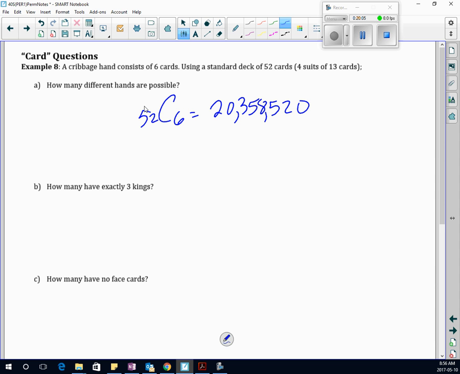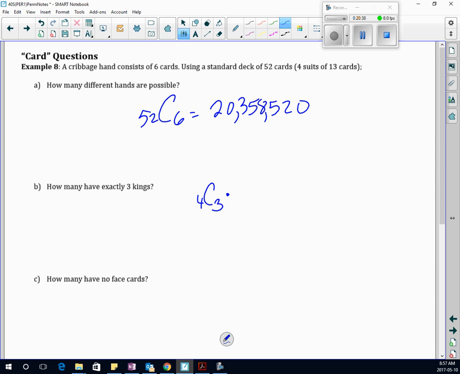Okay. How many crib hands would have exactly 3 kings? So how do you guarantee to have exactly 3 kings in your hand? You need to choose from only the kings to get the 3. So what would you do to get the 3 kings? 4 choose 3. There's only 4 kings. And then the remaining cards can't be kings because we want exactly 3 kings.